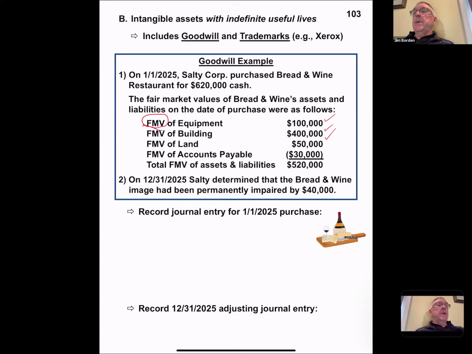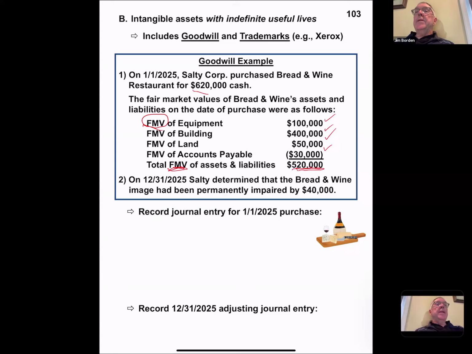That's a liability. So that creates what we call our net fair market value. The difference between the fair market value of our assets and the fair market value of our liabilities. So we come up with a total net fair market value of our assets and liabilities of 520.